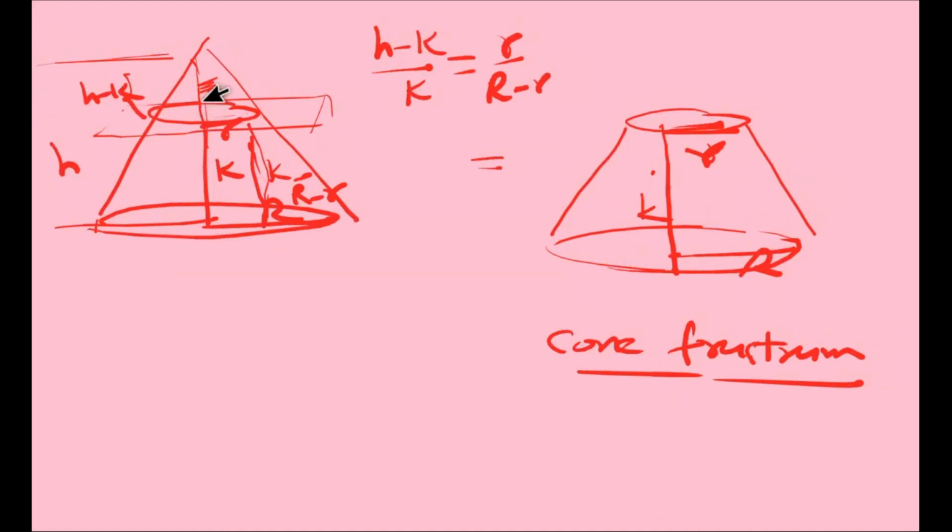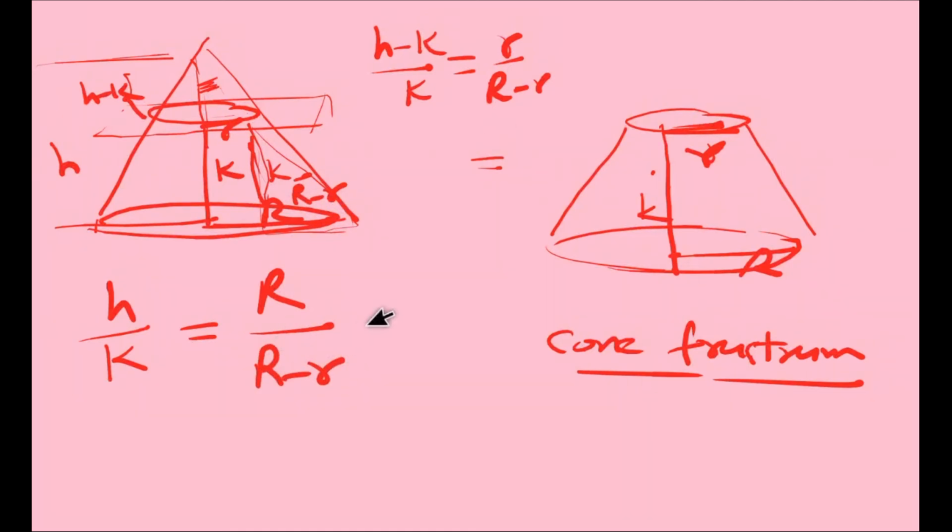Okay, and if we use this similar triangle to this similar triangle, what do we get here? h upon k equal to R upon R minus r.